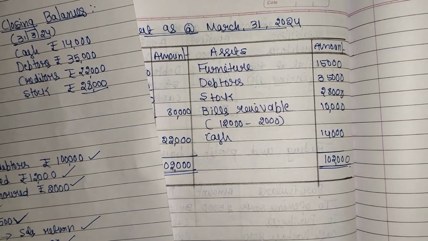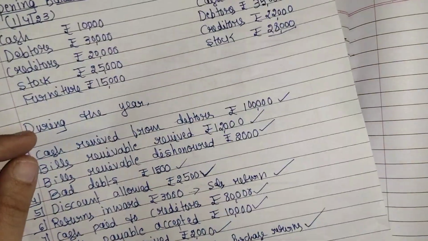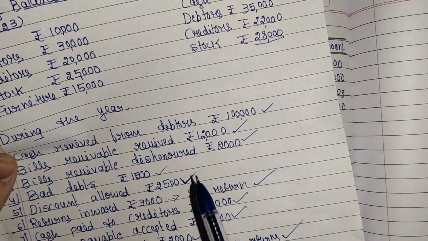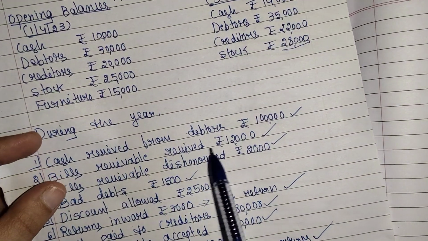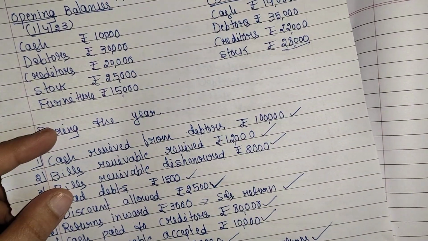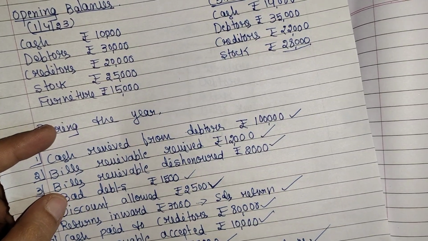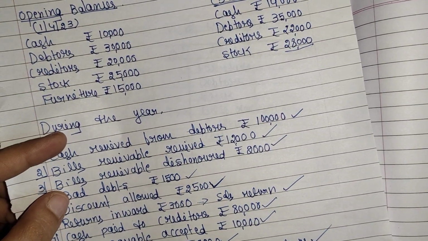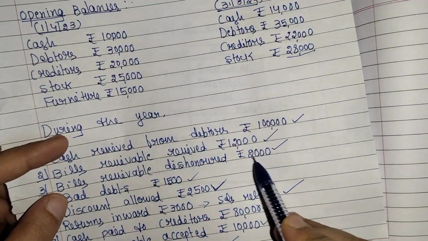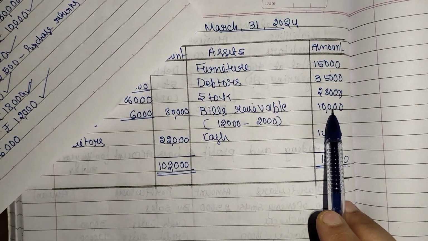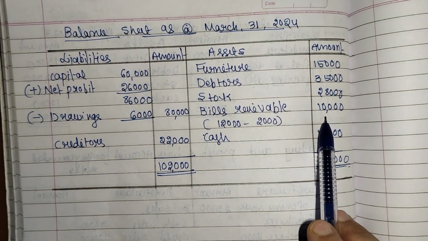Bills receivable, you should be very careful in this, right? So bills receivable, how much? Bills receivable received, how much? 12,000. But out of 12,000, dishonored, means the amount not paid, how much? That is rupees 2,000. So you need to deduct 12,000 minus 2,000, that is rupees 10,000.